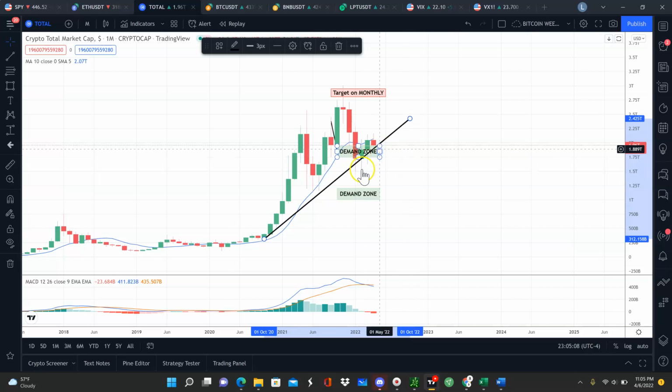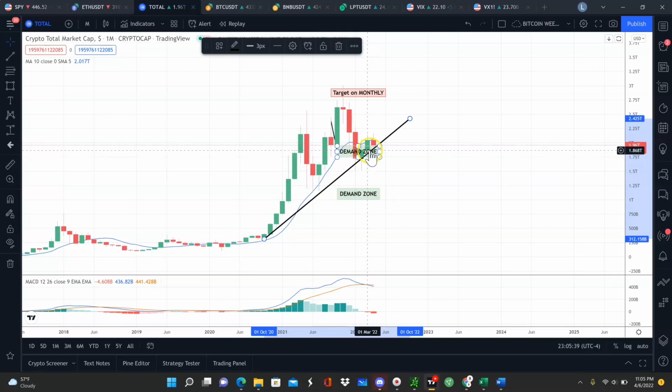As you can see, we've got higher lows over the past few months on crypto total market cap. There's some bearish momentum, but not very strong right now, and it could strengthen. One thing I would do is set an alert on this trend line, especially since it runs right through this demand zone, to see if this continues to hold throughout the month, or if it folds and heads down this way.